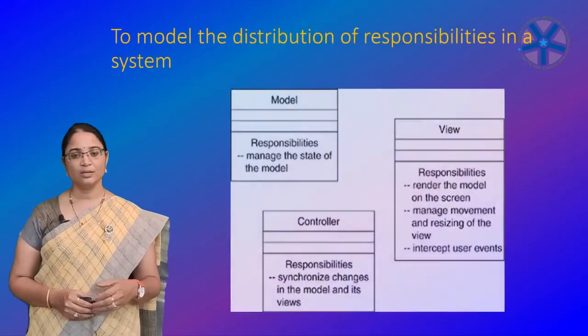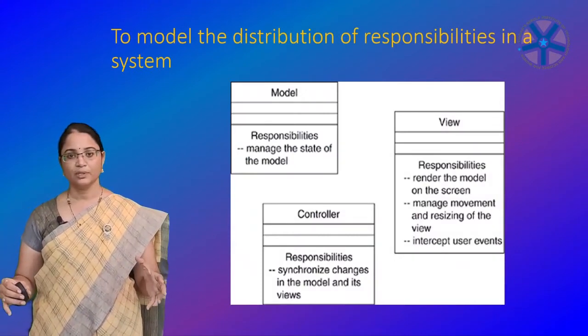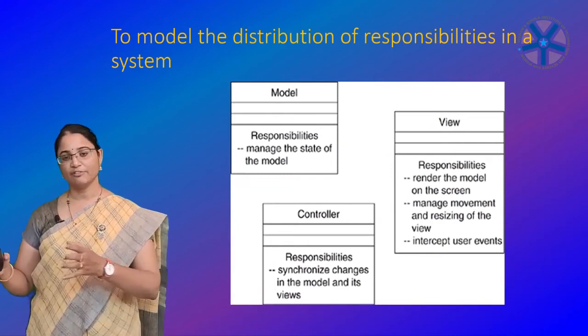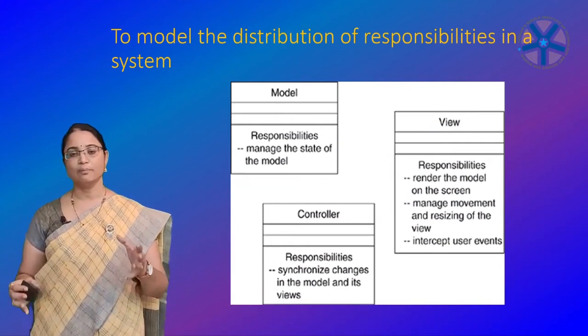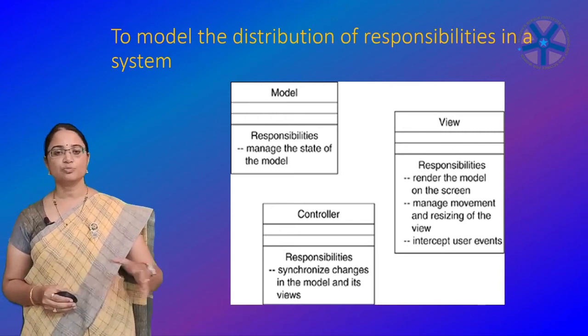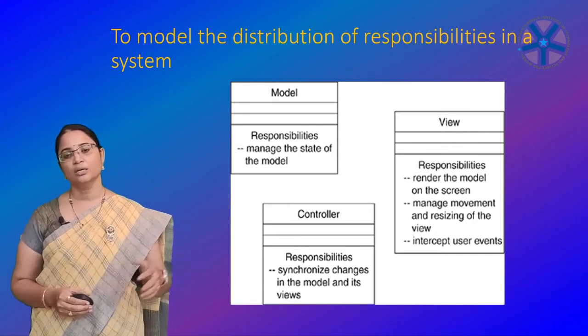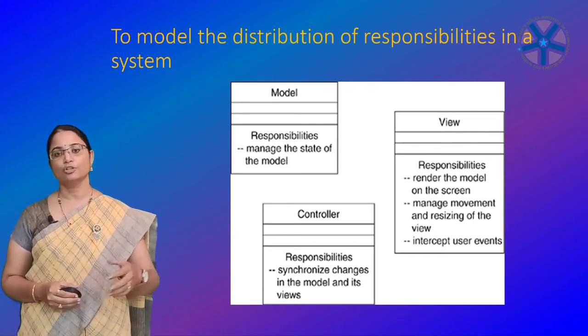If you see our college, here every faculty should work uniformly. If one faculty is working too much and another faculty is not working, that leads to an imbalance in the department. So to stabilize the department, we need to share the responsibilities equally. This is how classes also share their responsibilities among themselves so as to achieve the problem domain.